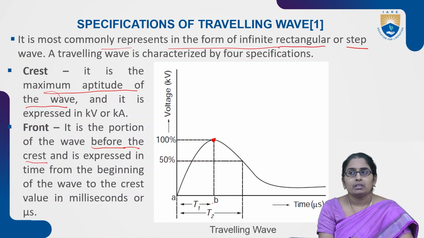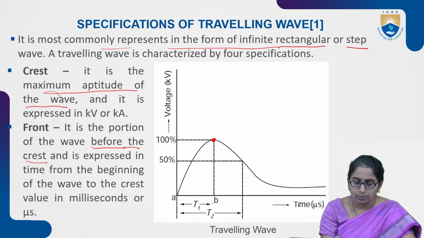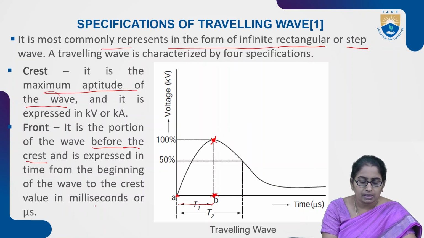This is the crest value we know, so from the beginning of the wave to the crest value. Here it is shown as T1, so T1 is the front value. It is expressed in milliseconds or microseconds.